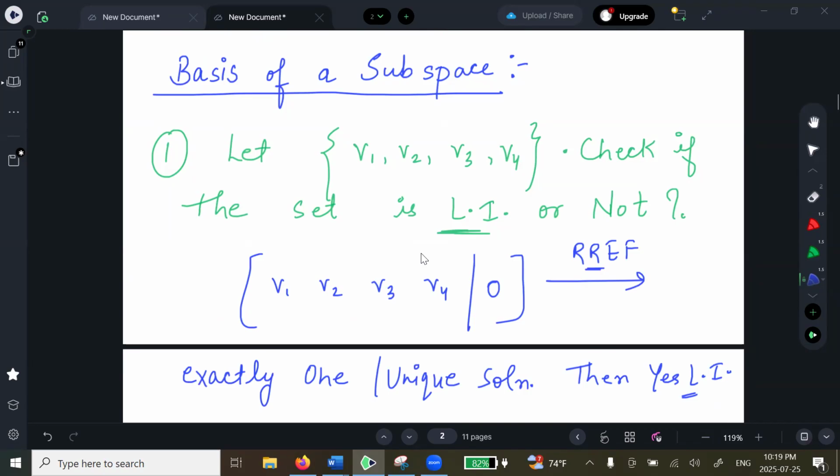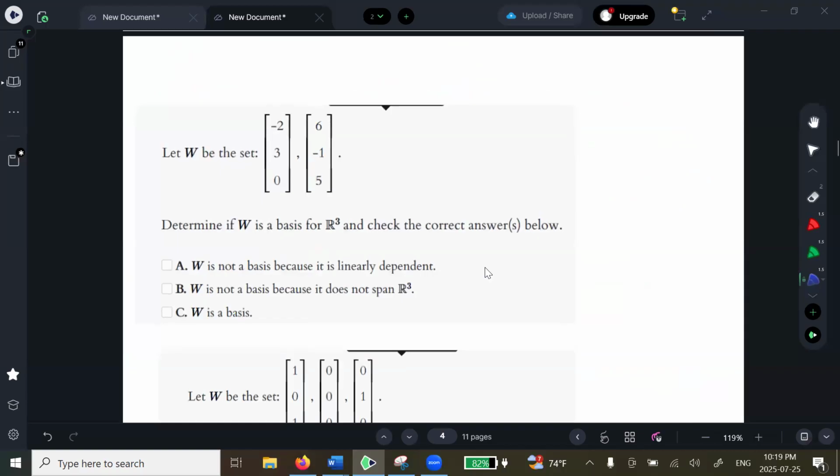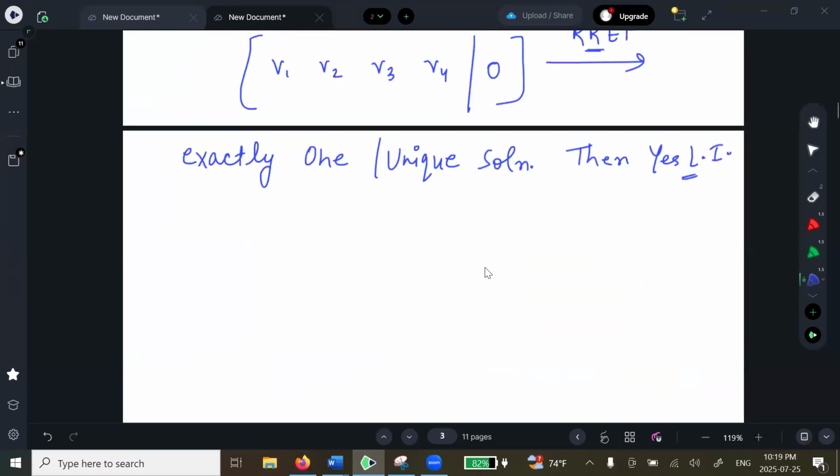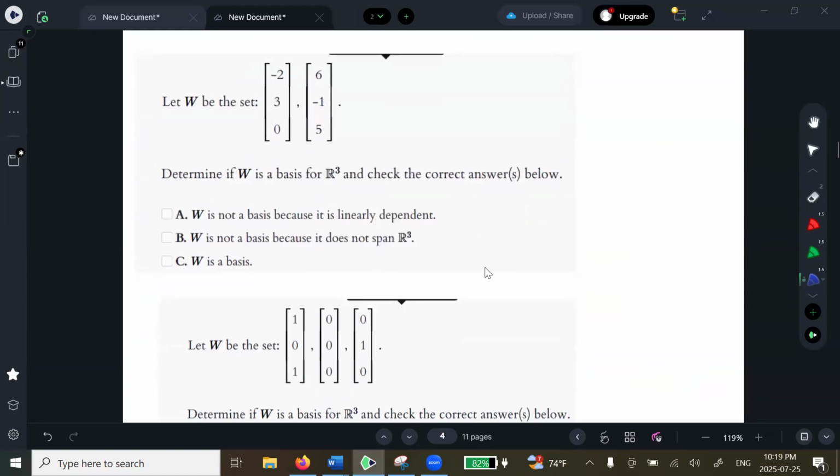And if you can check for this, then you are ready to move on to the next question that I want to ask you here. Expect questions like this in exams. They're taken from your Aphinity homeworks, okay? So they're important.